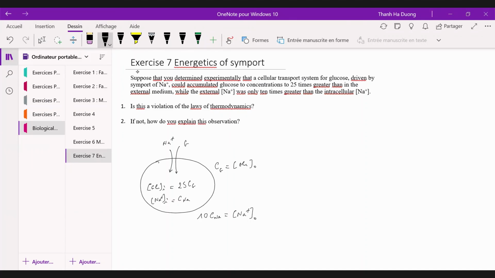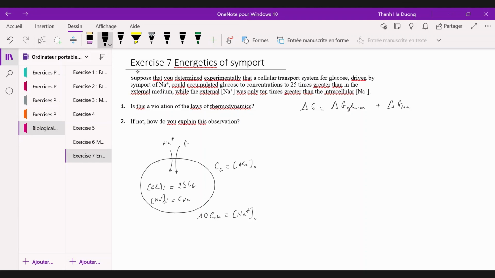So indeed, we have to measure the delta G of the symport. That means the delta G of the transport of the glucose and the transport of the sodium. If we have a global negative free energy, it means that the symport is allowed.